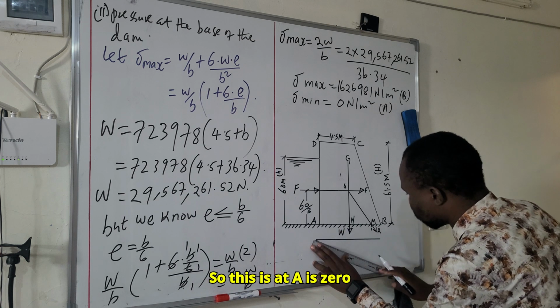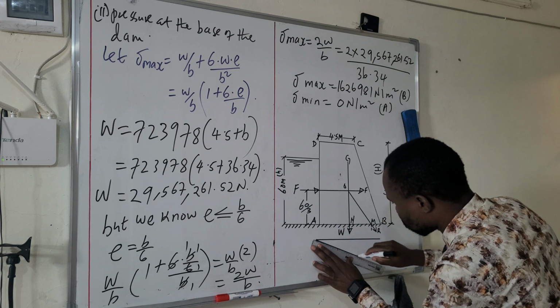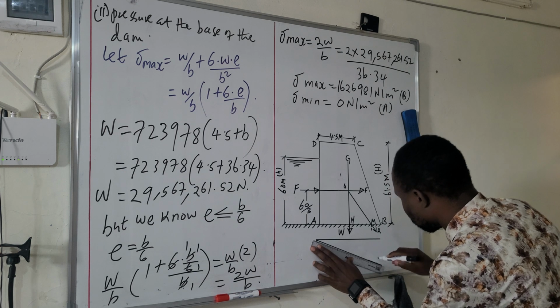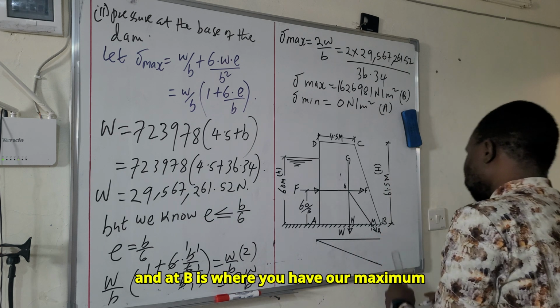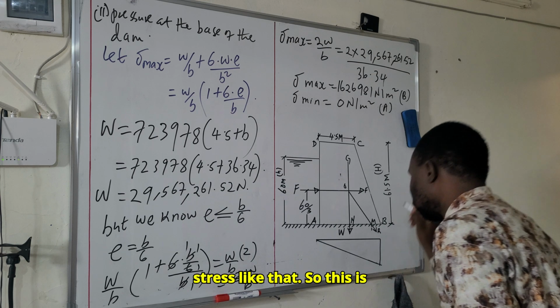So this is at A is 0. And at B is where we have our maximum stress, like that.